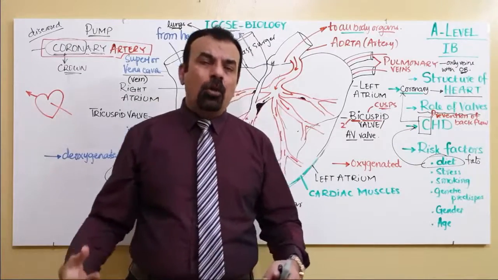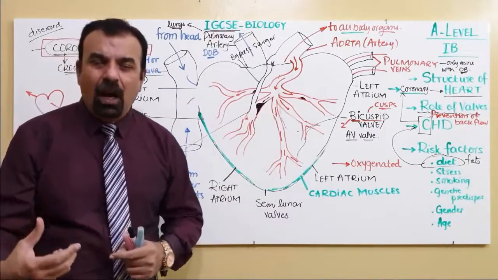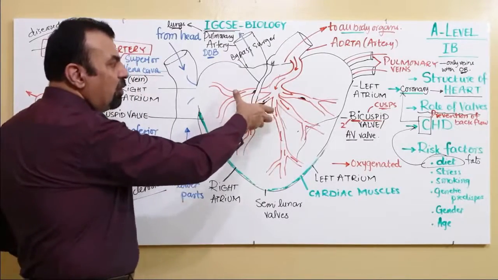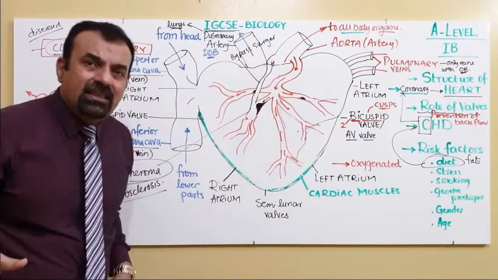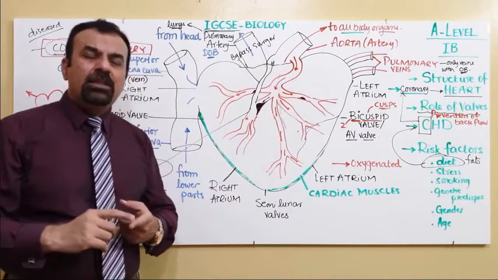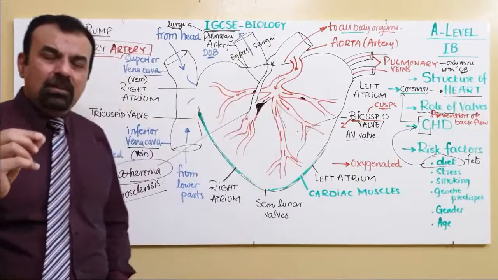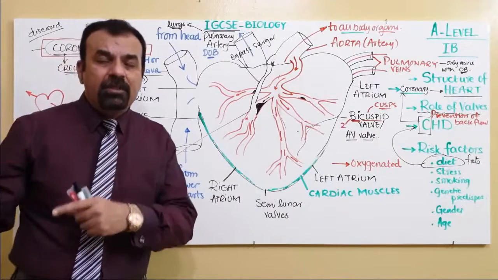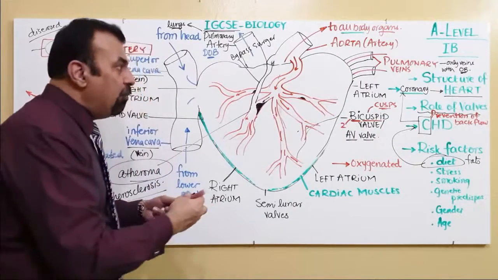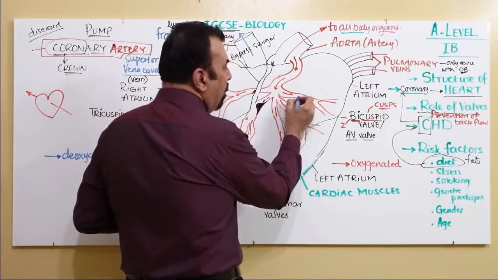angioscopy. In the angioscopy, what do we do? We actually look into where the arteries have the biggest problem. Sometimes we put stents over here, but that's not in the syllabus of coordinated sciences. But in IGCSE, you need to know what stents are. They're small tubes, small pipes, put in during angioplasty or angiography; after angiography we do angioplasty, and then we leave a small tube over here.